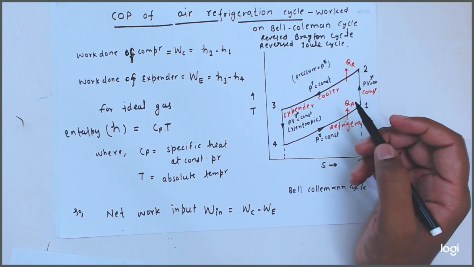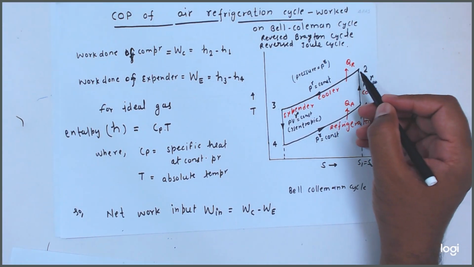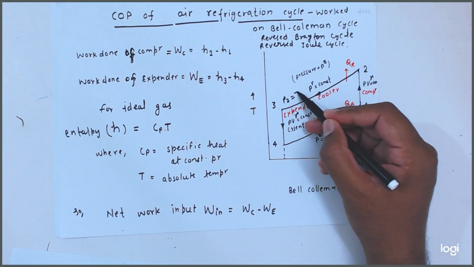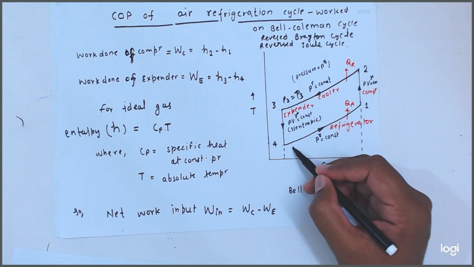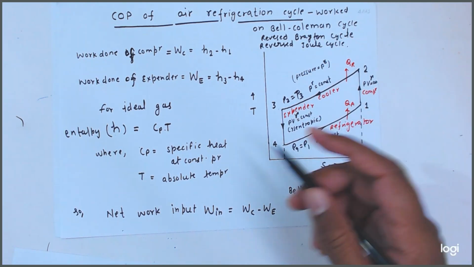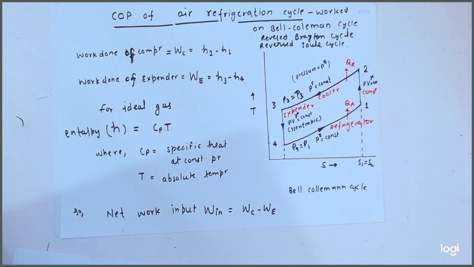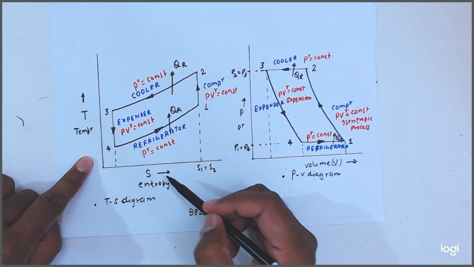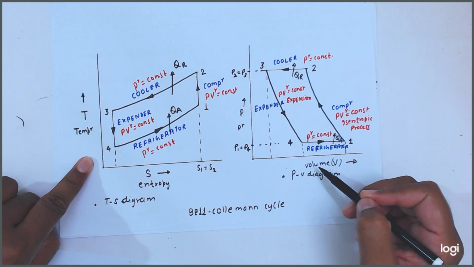And friends we know that pressure at point 2 equal to pressure at point 3. So P2 equal to P3 and P4 equal to P1, because this is the TS diagram, and this is the pressure versus volume diagram.